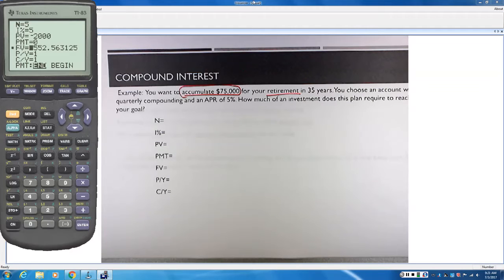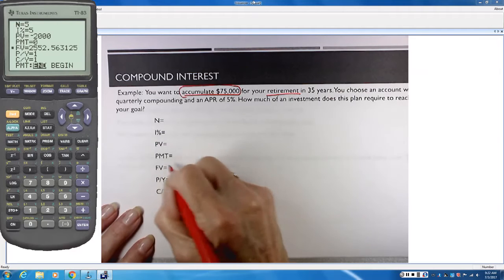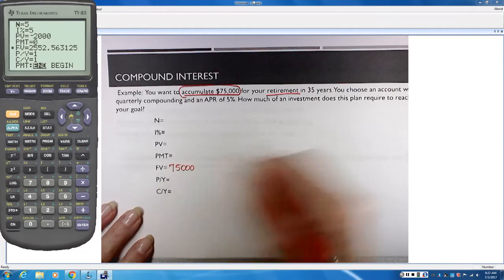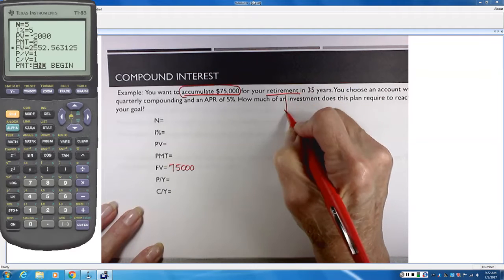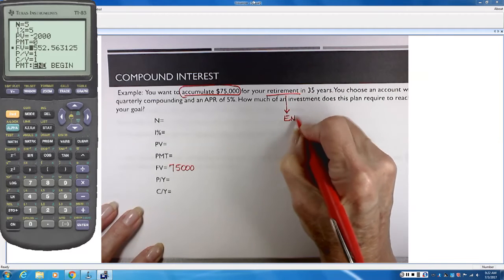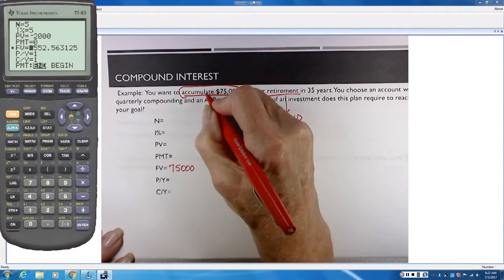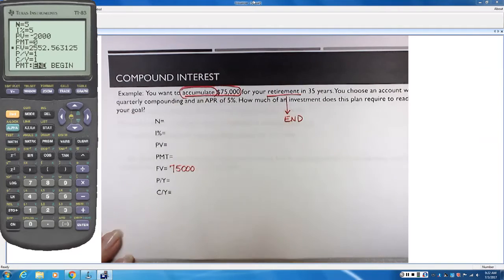What is that $75,000? Is that what you have now? That's your future value. That's what you want to have when you're done. Okay? That's because when you retire, that's what you want at the end of the time period. So that's important. That word accumulate also implies that that's going to be at the end.